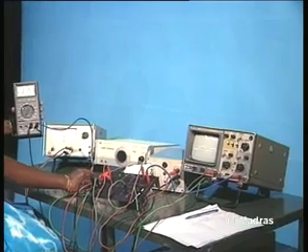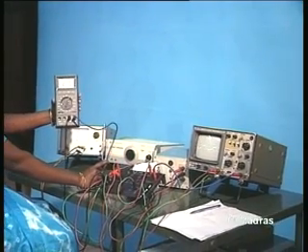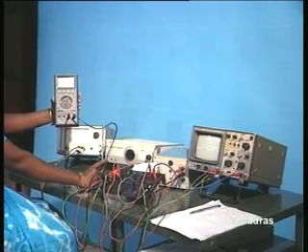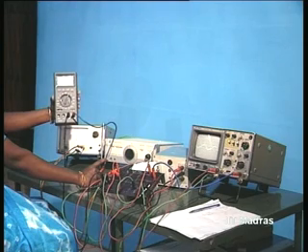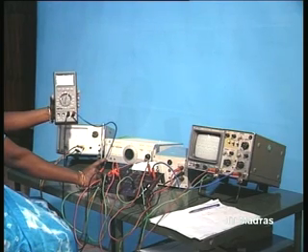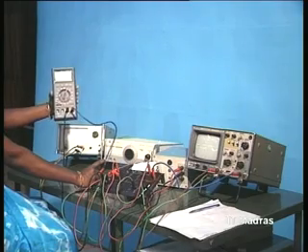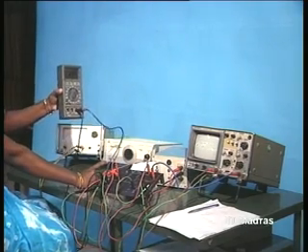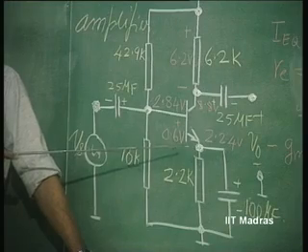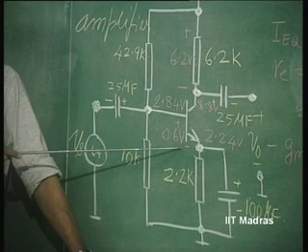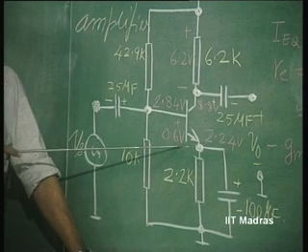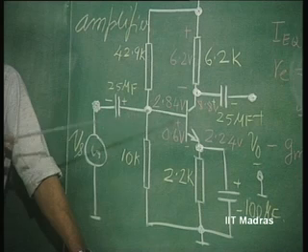So that is the potential at the emitter, at this point in the circuit, because of the 0.6 volts drop. And then we have the potential at the collector.